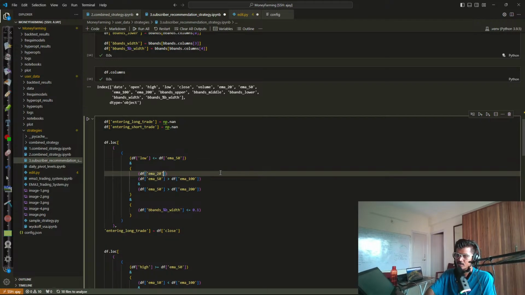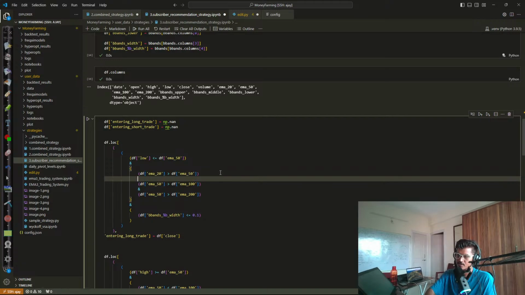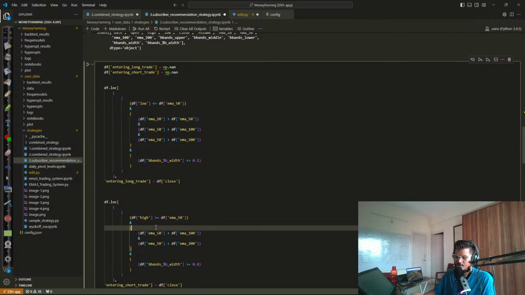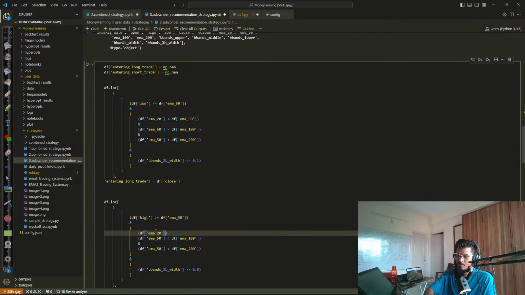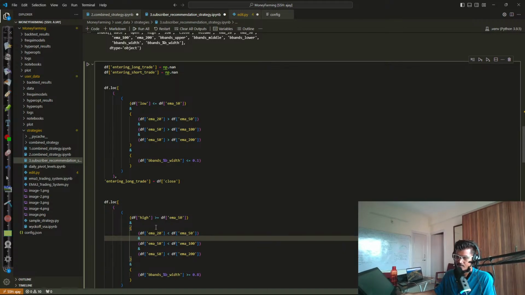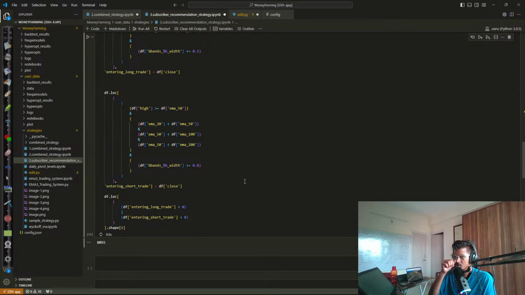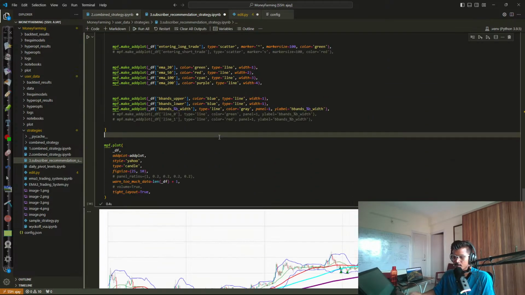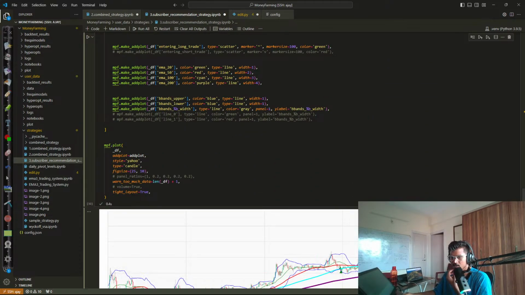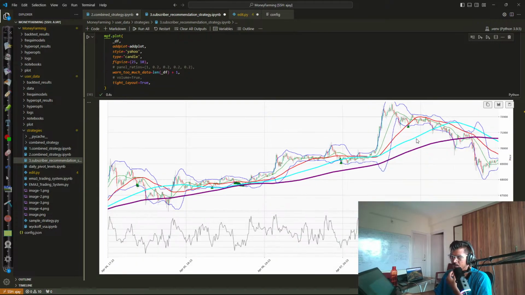So EMA 20 should be greater than EMA 50. Okay. For short, EMA 20 is less than EMA 50. So this will reduce a lot of noise. See, it's reduced to half. So when we do this, you see, now we actually saved it.